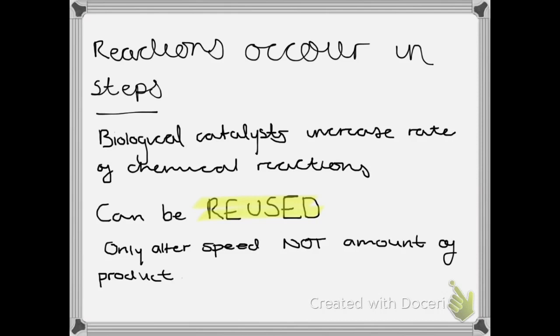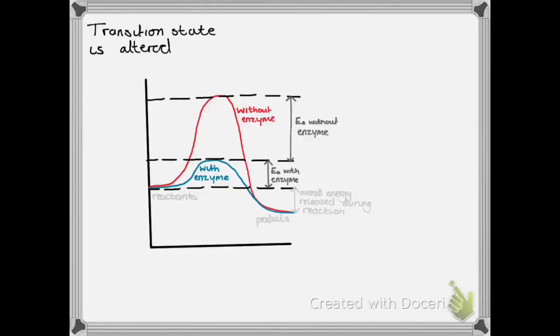And it's important to remember they only affect the rate of the reaction, not the amount of product formed. They do this through altering the transition state. So as you can see here, the red line is showing a reaction without an enzyme. More activation energy is required to catalyse the reaction, whereas in the blue line with an enzyme, there's less activation energy required to catalyse the reaction, so it occurs faster.